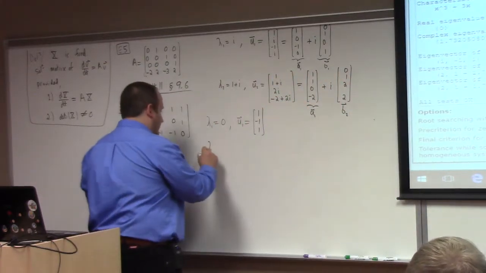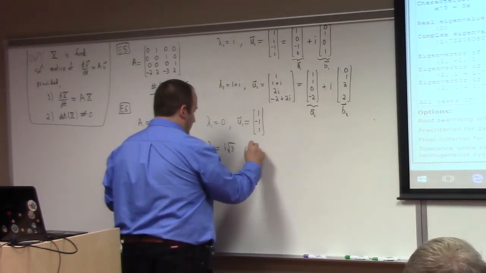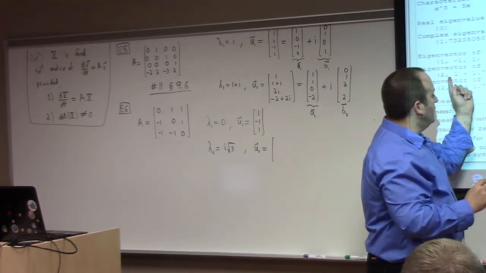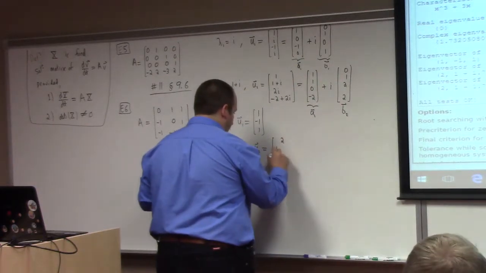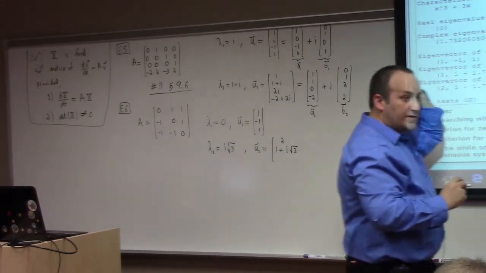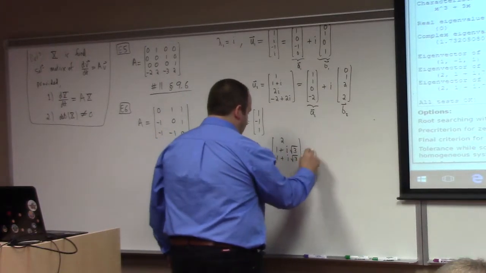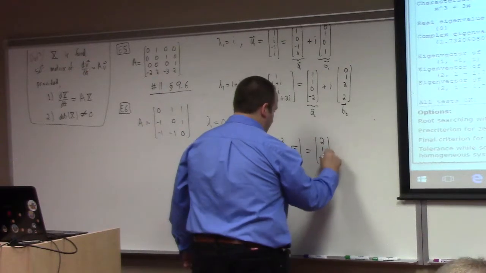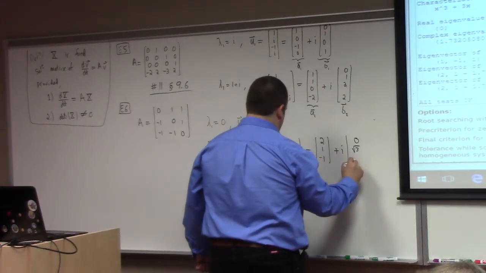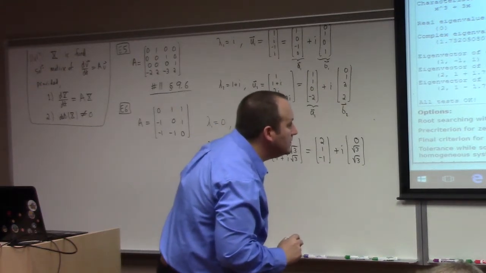And then lambda 2 equals, let's say, i times root 3, and then u2 is 2, 1 minus 1 plus i times 0, root 3, root 3, if I didn't misread it.